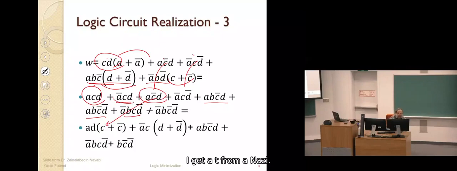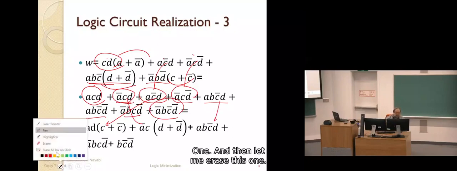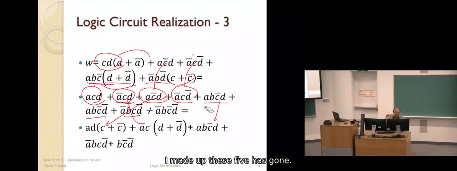From A naught C and A naught C, I get A naught C. And then I have A naught B, C naught, A, B, C in this one, okay, this one. And then let me erase this one. I made a mistake. Up to now, this 5 has gone.